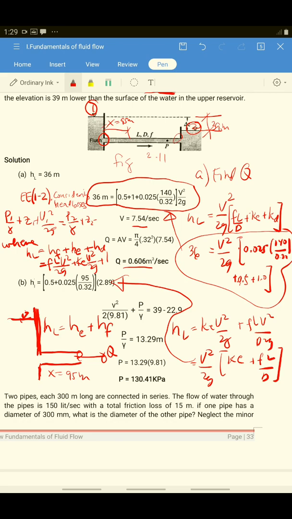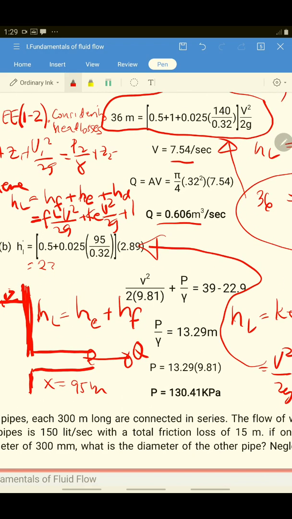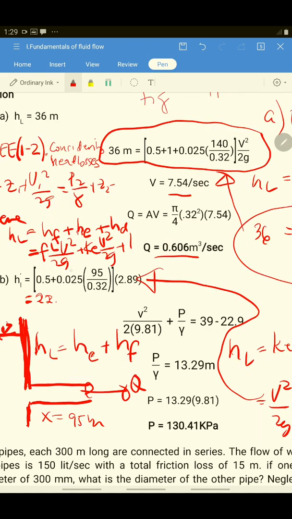So the answer is 22 point, so your head loss is equal to 22.894.